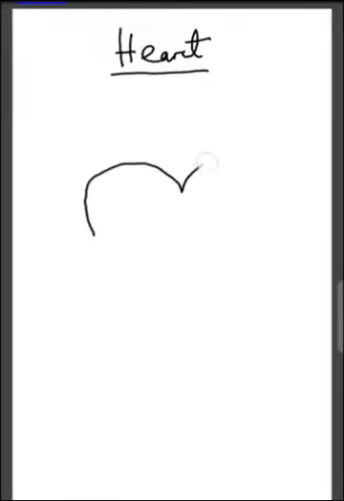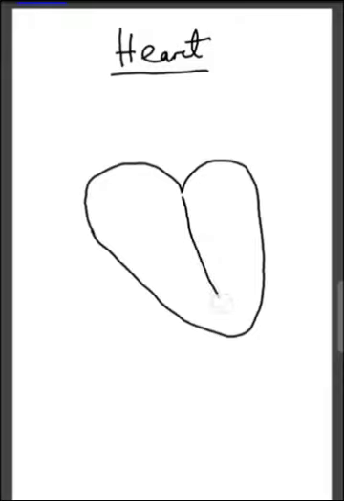The heart has a typical shape and it has chambers. Within the heart there are partitions that divide the heart into 4 chambers, 2 on the right side of the heart and 2 on the left side.